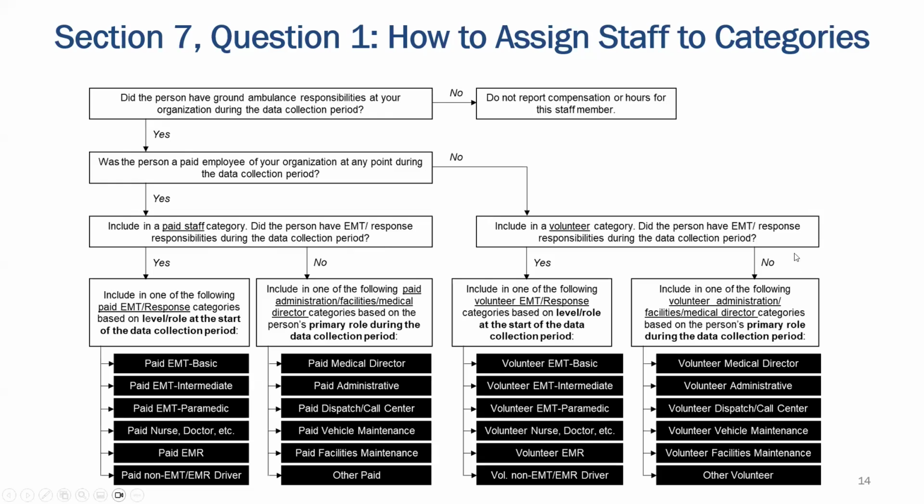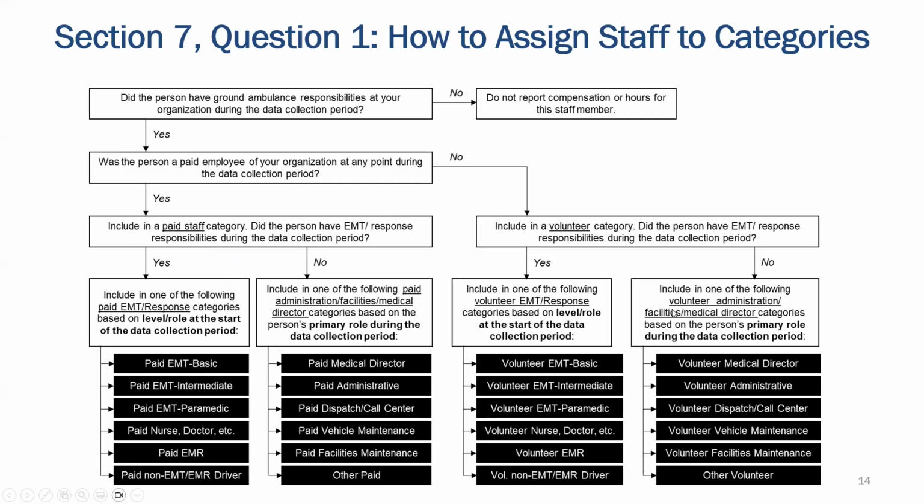Within each of these halves at the bottom of the screen for paid staff and volunteer staff, if that applies to your organization, there's another distinction for whether they're paid EMT or response, paid administration or facilities, and then volunteer EMT or response, or volunteer administration or facilities.